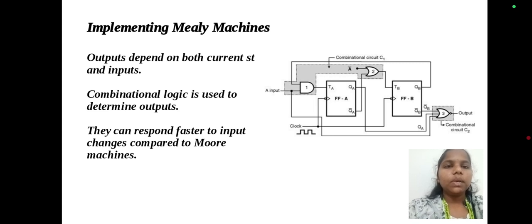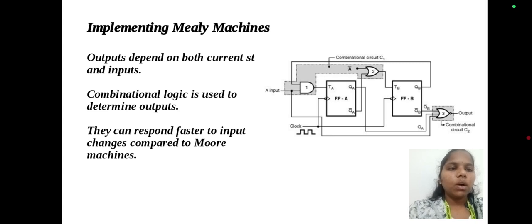Implementing Mealy machines. Outputs depend on both current states and inputs. Combinational logic is used to determine outputs. They can respond faster to input changes compared to Moore machines.